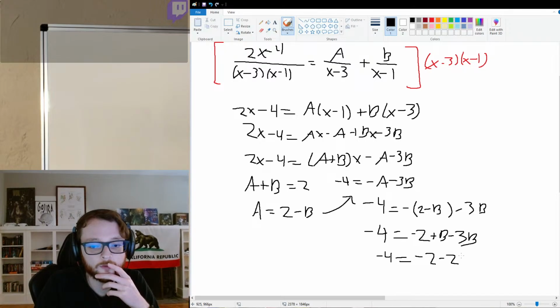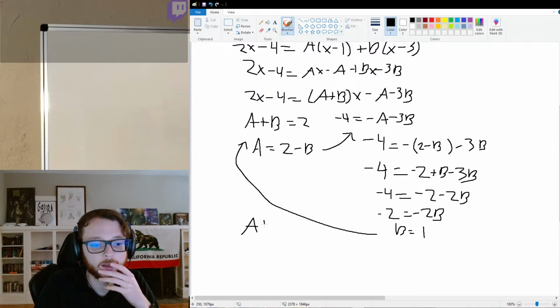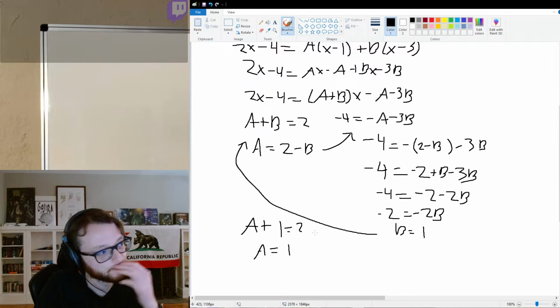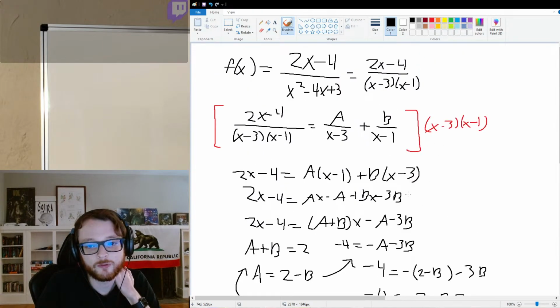Negative 2 minus 2B. Add this 2 to each side. You get negative 2 equals negative 2B. So B equals 1. And so if B equals 1, it looks a lot easier to deal with this equation up here. So we get A plus 1 equals 2. Subtract 1 from each side, and we get A equals 1 as well. All right, so partial fractions, successful.